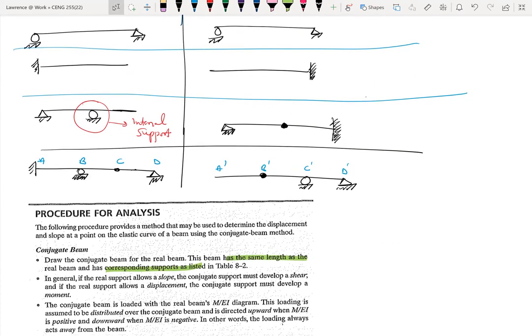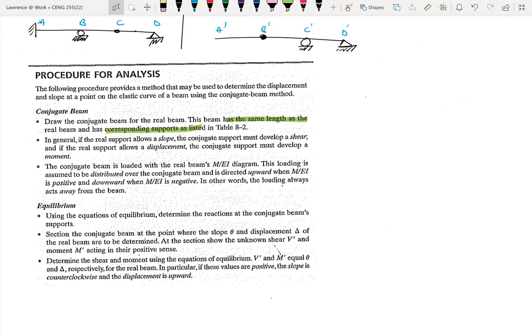Looking at all these different beams, if you don't get your conjugate beam right, it doesn't matter what load you put on it. It means that you might not end up with the right answer. So once we are able to define the conjugate beam, it gives us a rule of thumb that says that if the real support allows a slope, then the conjugate beam must develop a shear.